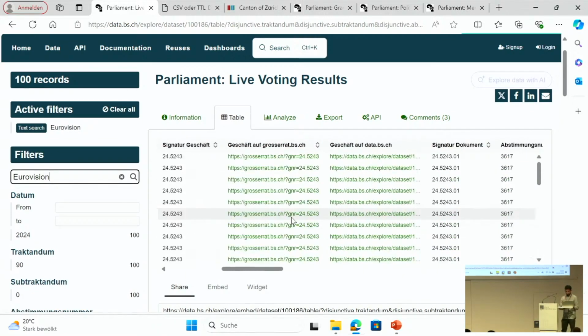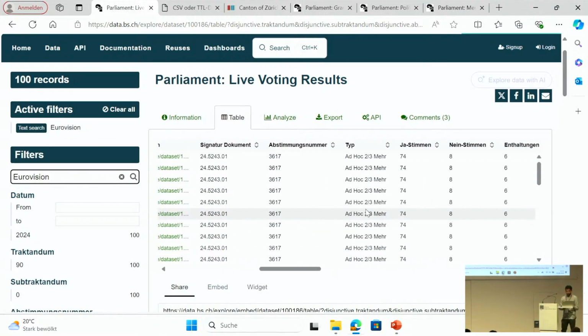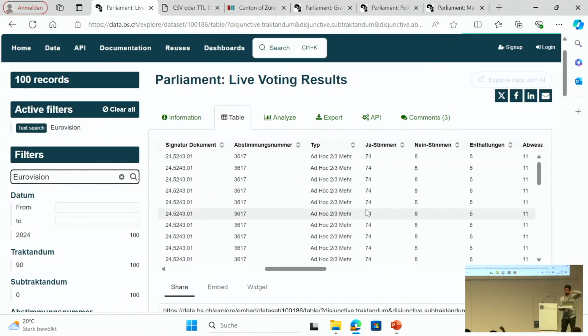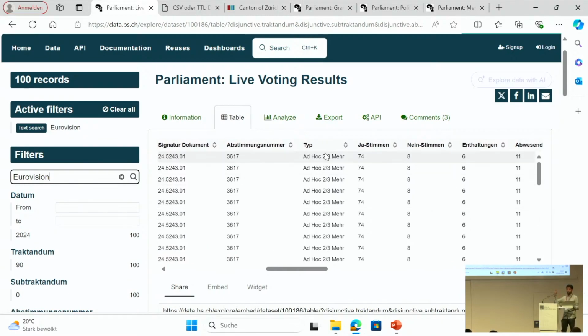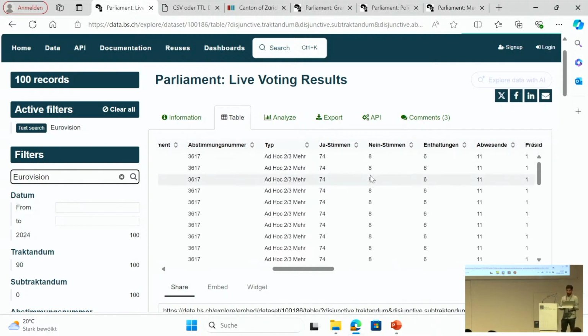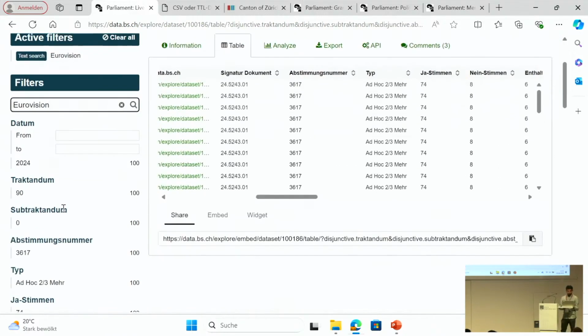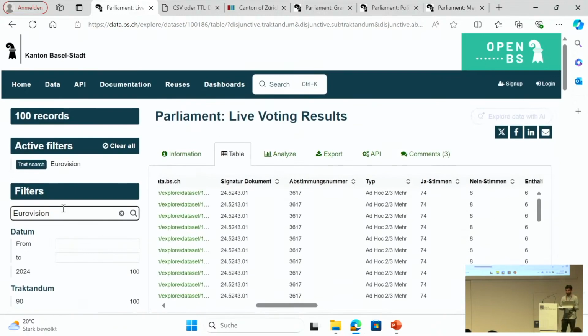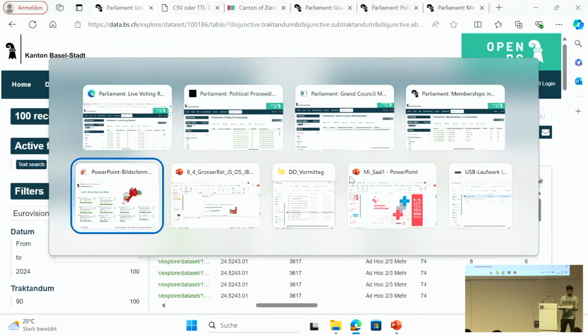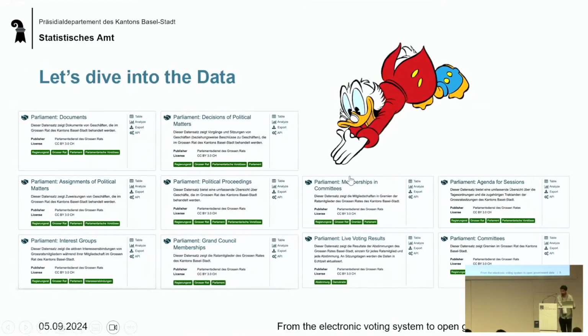The important thing here is that the Parliament voted on if the Eurovision Song Contest should be in Basel, and they had to have 2/3 of the people vote yes, and we know 74 is more than 66, and they voted yes. Now you can see who voted no, who voted yes, and then vote for or against them in the next Abstimmung.